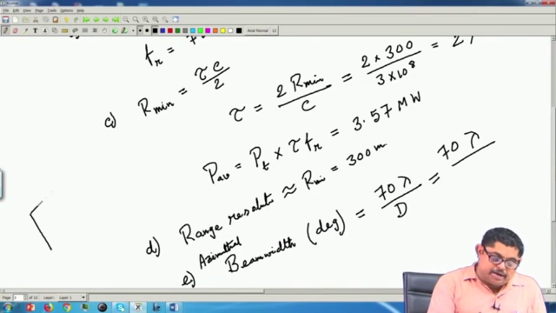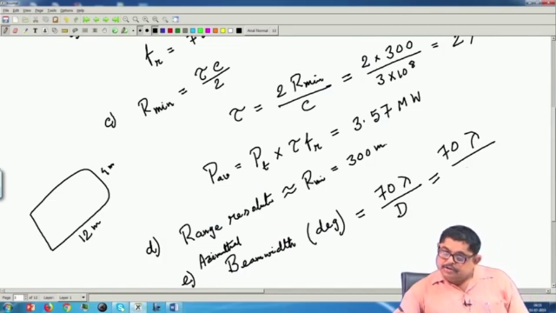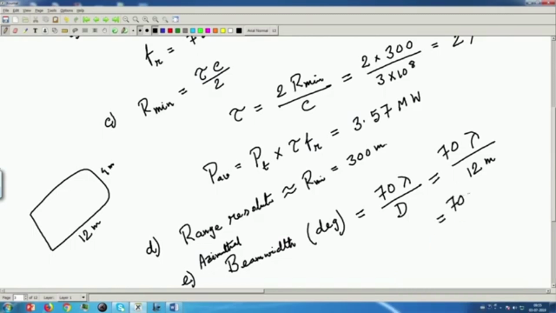It was said that the horn is 12 meter wide and 4 meter high. So, lambda is 0.23 meter by 12, which will turn out to be 1.34 degree. 1.34 degree is a typical radar azimuthal beam width.